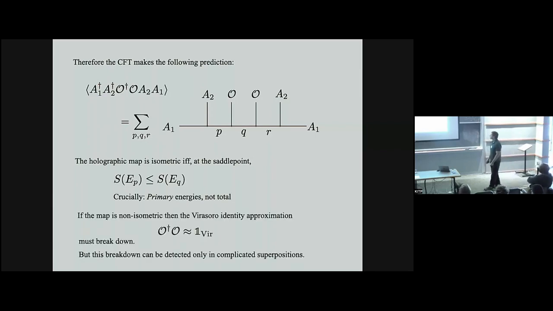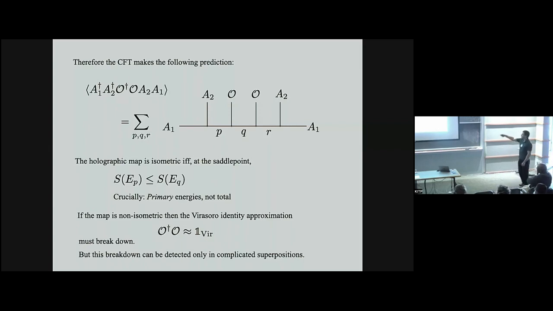Another way to say this is that if the map is non-isometric, then the Virasoro identity approximation must break down. That is, the probe operator O cannot give you O dagger O equals 1. Now, this breakdown is subtle because it can only be detected in complicated superpositions.